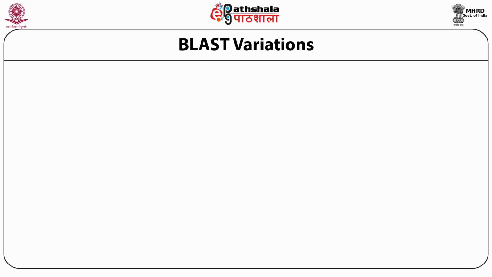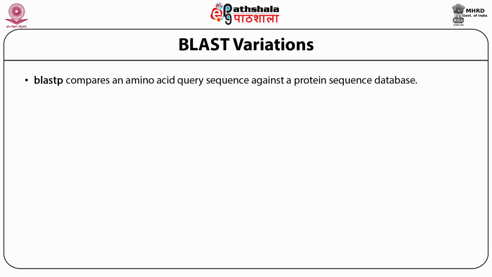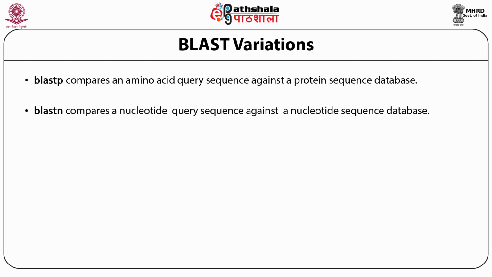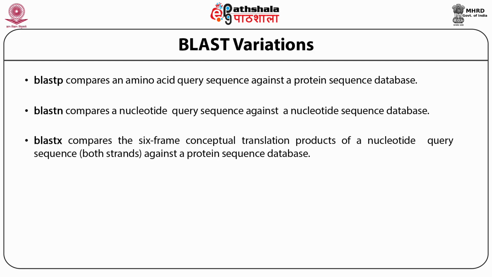Now we give information about the different types of BLAST. For example, BLASTP compares an amino acid query sequence against a protein sequence database. So it is especially used for protein sequence analysis. Then BLASTN compares a nucleotide query sequence against a nucleotide sequence database. Then BLASTX compares the 6-frame computational translation product of a nucleotide query sequence, both strands, against a protein sequence database.